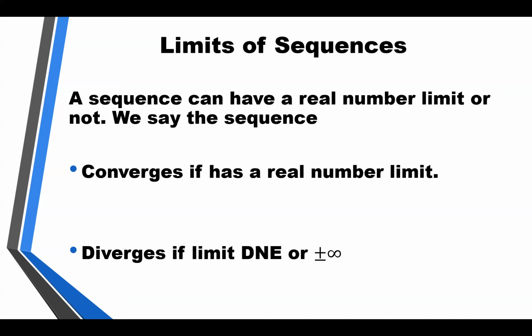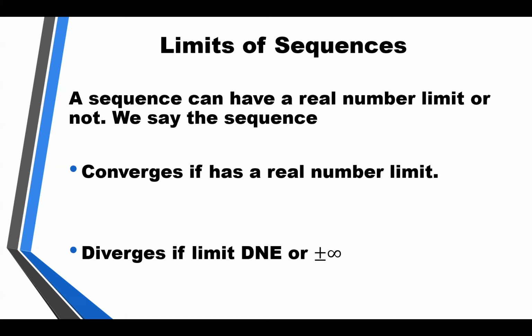Now, when a sequence has an actual real number limit, let's say the limit of the sequence was 47, then we would say that the sequence converges to 47. Whatever that real number limit is, the sequence converges to it.